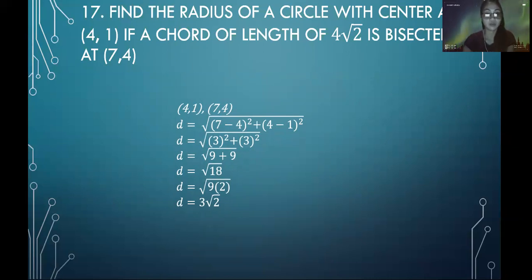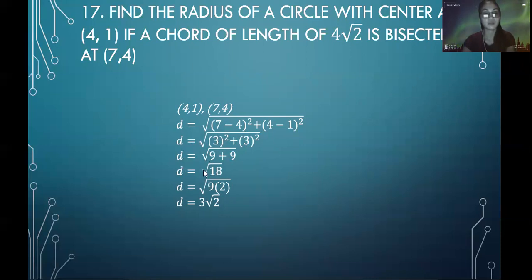So we're going to solve the distance of these points. So d is equal to square root of positive 7 minus 4 squared plus positive 4 minus 1 squared. So d is equal to square root of 3 squared plus 3 squared. So d is equal to square root of 9 plus 9.